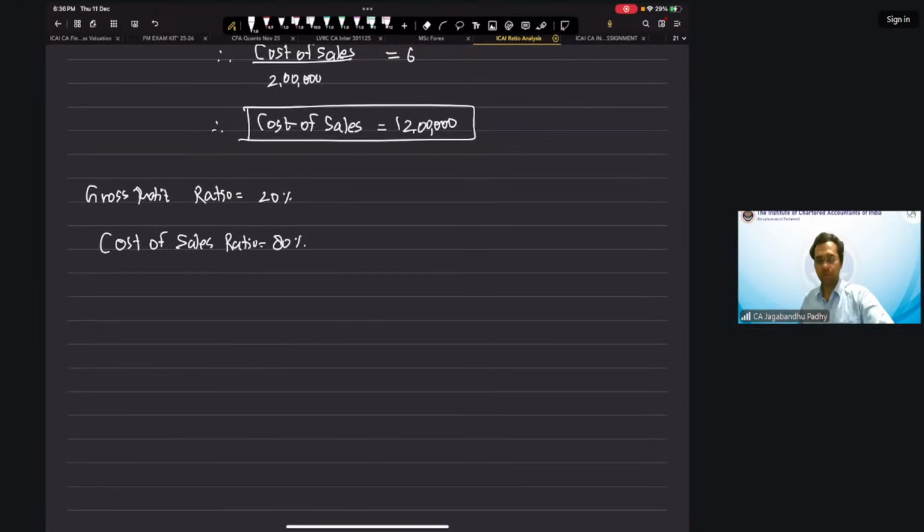Cost of sales ratio is 80%, right? And this cost of sales ratio is cost of sales upon sales.